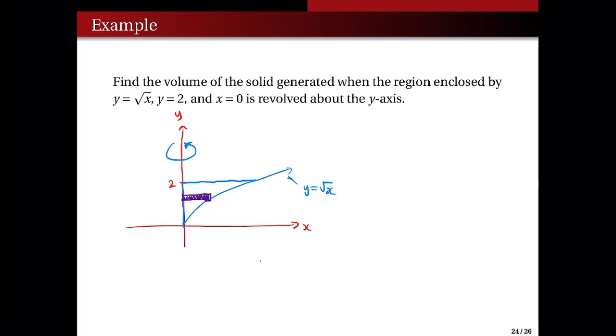So if you revolve this, you will create this disk here. If you move this disk, it's from this point up to this point. So the disk is horizontal.